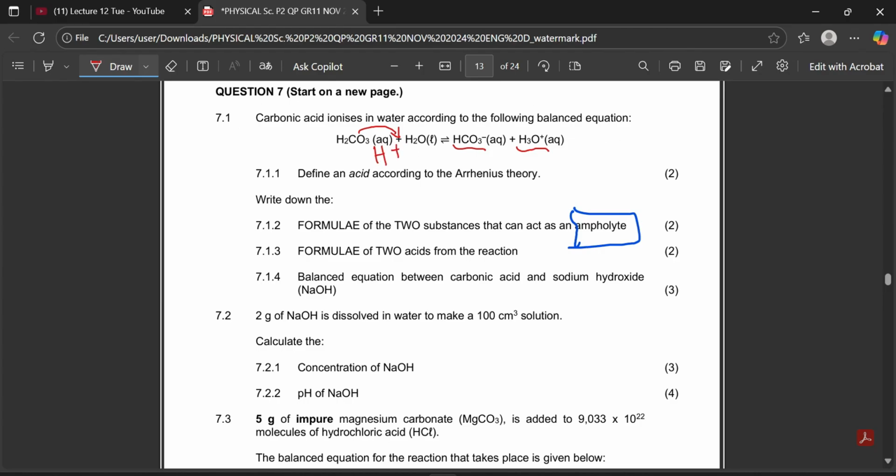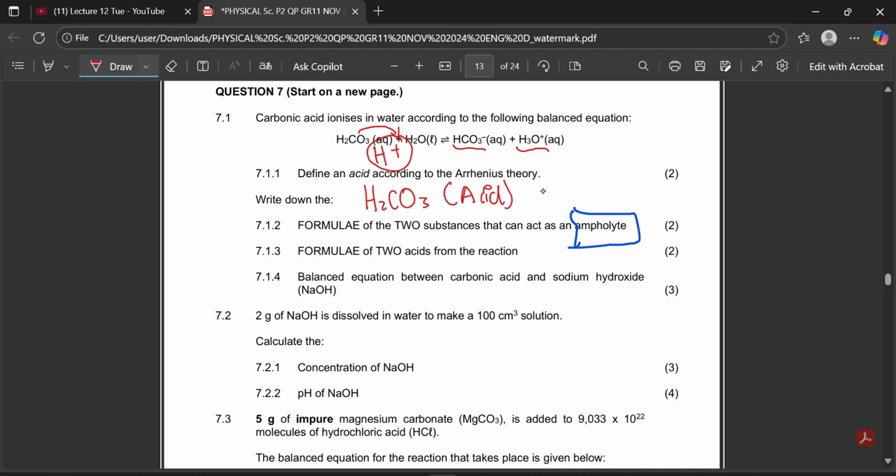Now, what happens? I have carbonic acid with water. According to the Lowry-Bronsted theory, carbonic acid donated a proton. Therefore, H2CO3, having donated a proton, is our acid, right?